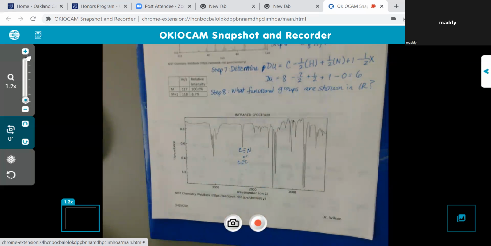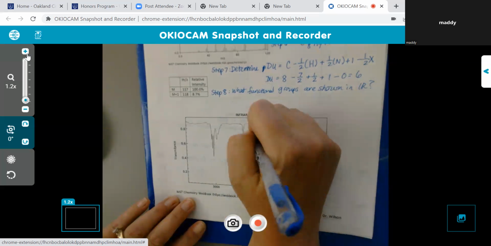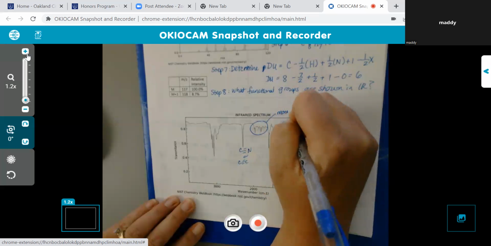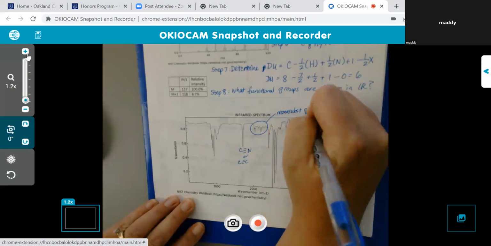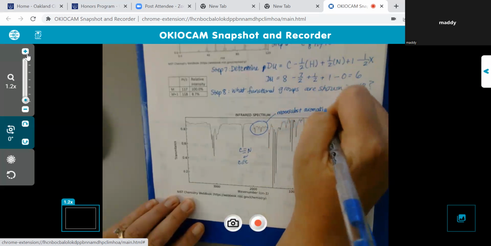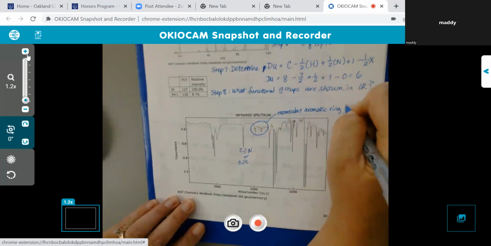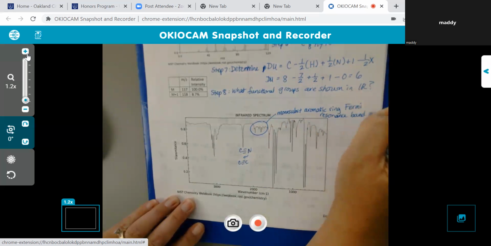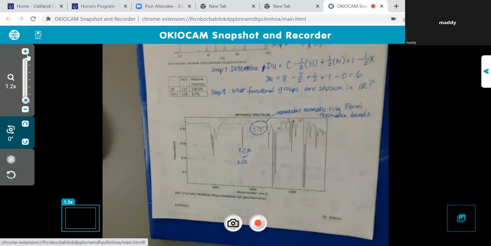Okay. Another thing I see is a monosubstituted aromatic ring pattern of Fermi resonance bands. What's that? There's a benzene ring in this guy. Yes, absolutely.